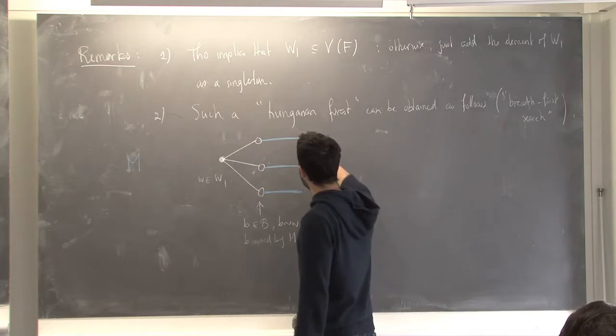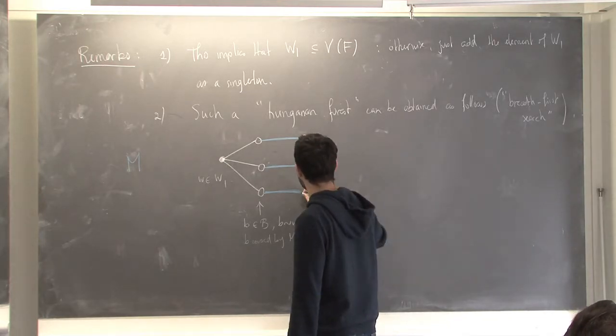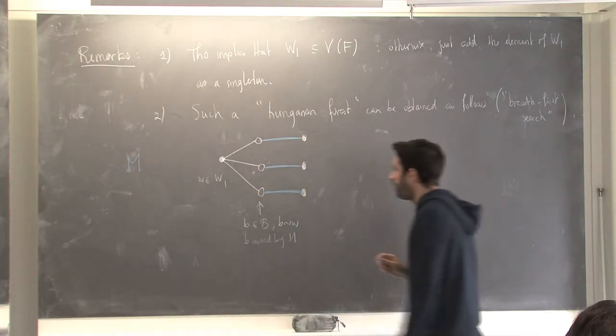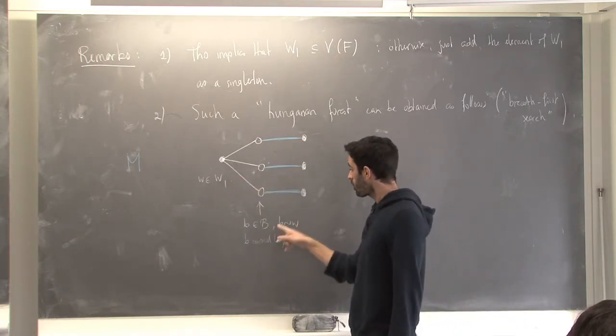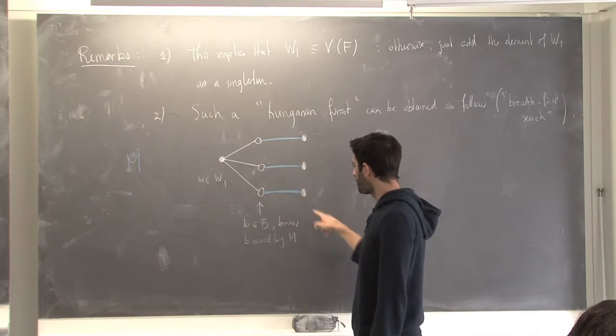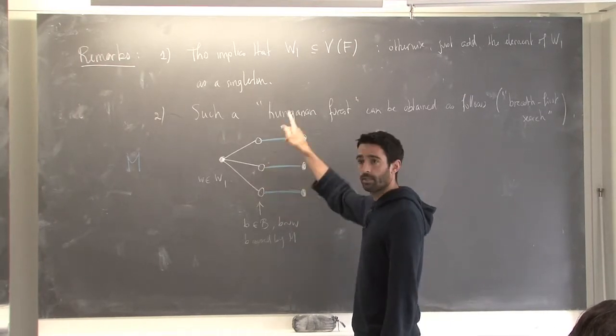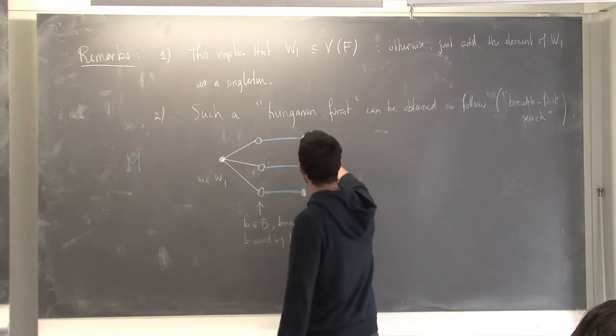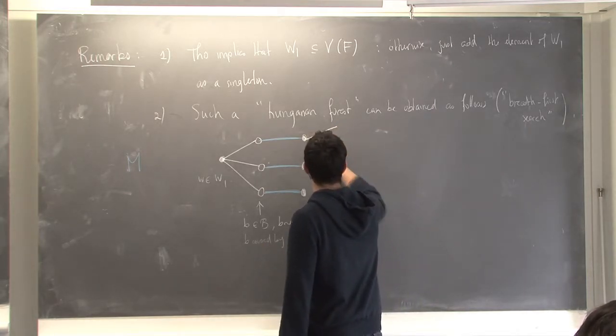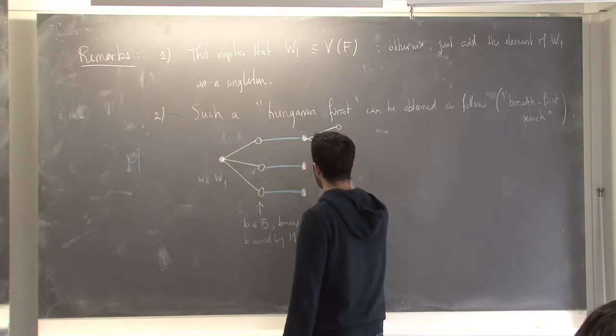And you find yourself again with white vertices. And then you continue the same. Then you look at all the black vertices that are adjacent, that have not been found yet, and that are covered by M. So I don't know, here maybe I go like this. Maybe here I stop.